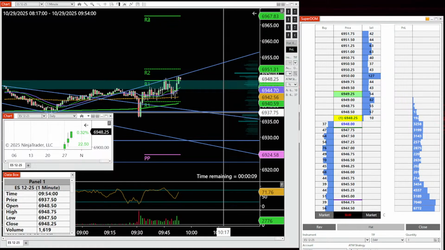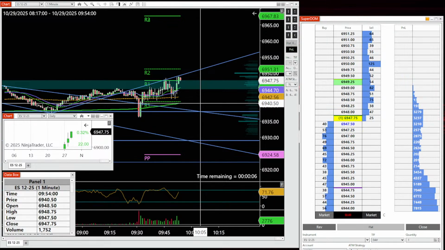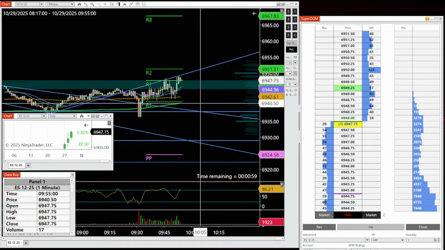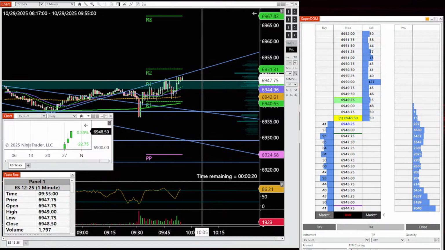Testing overnight highs, 49.25. Testing overnight high.